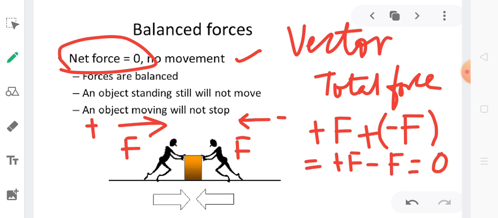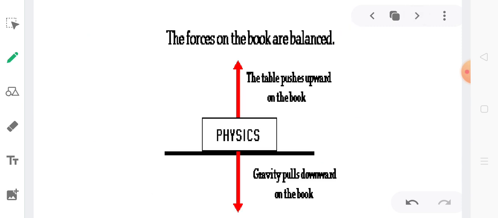So for balanced forces, if an object was at rest, it will continue at rest. And if the object was moving, it will continue moving, it will not come to rest unless some force is applied again. Understood? So now we will study about unbalanced forces.